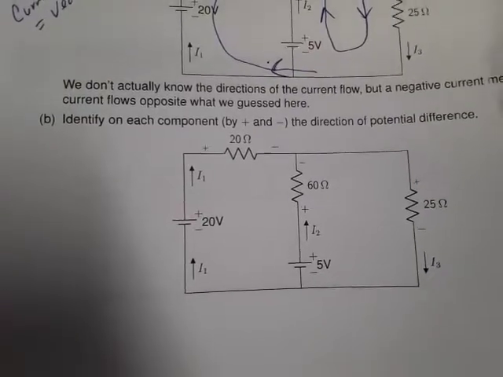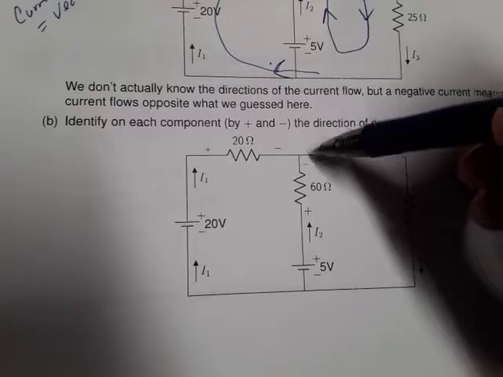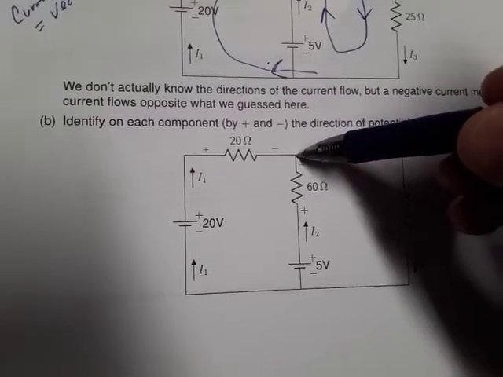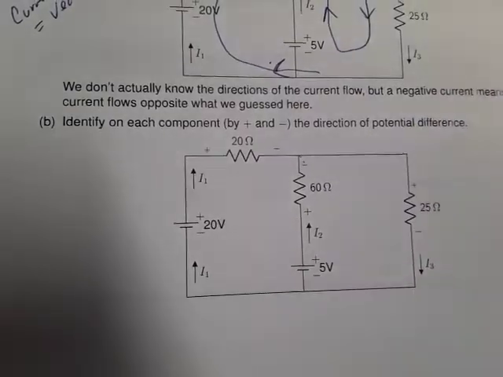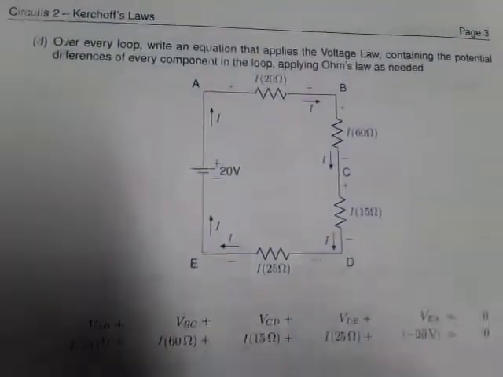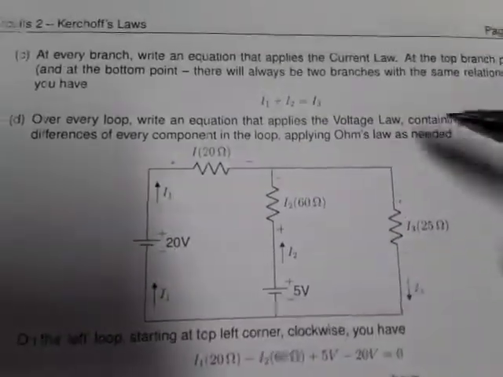And now what we're going to do is, first we apply the current law, and we ask what happens at this junction. Well, I1 plus I2 come together, and you get I3 out of it. All right, we apply the current rule.